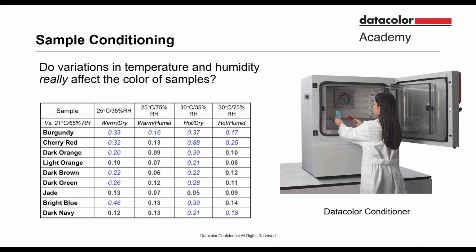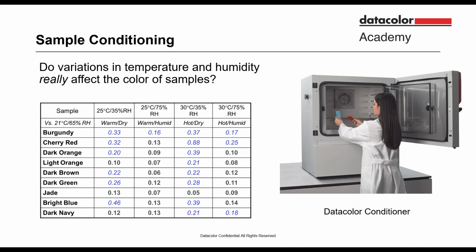We frequently get customers asking us what variations in temperature and humidity really affect the color of our samples. In the table shown in this slide, you'll see a study that was done with 9 color samples ranging from browns, reds, oranges, greens, and blues.